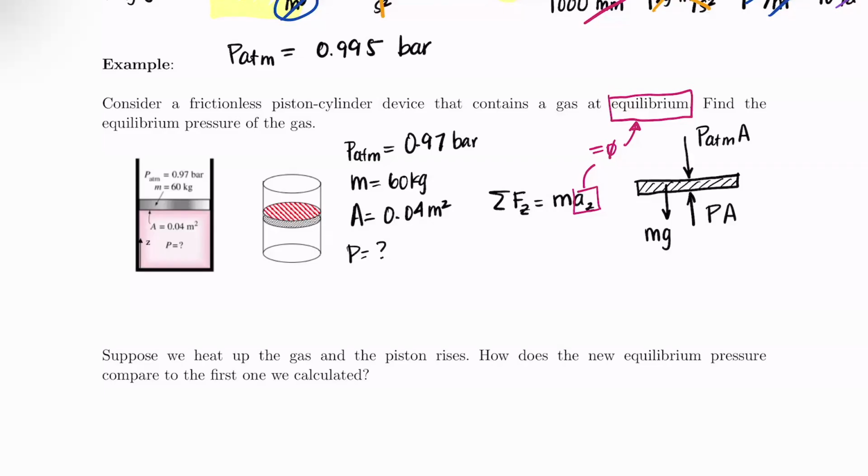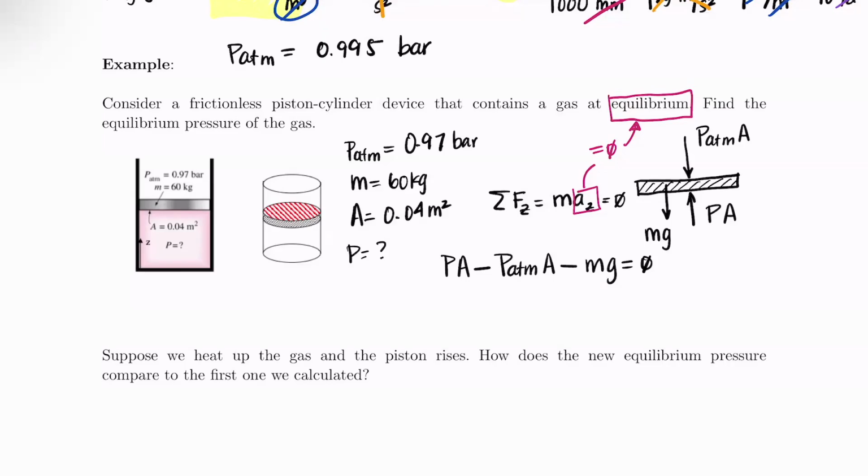All right, so we can say that the sum of the forces has to be 0. So I'm just going to add up these forces that we've done on our free body diagram. So we have a positive pressure times area, a negative P atmosphere times area, and then a negative mass times gravity is equal to 0.